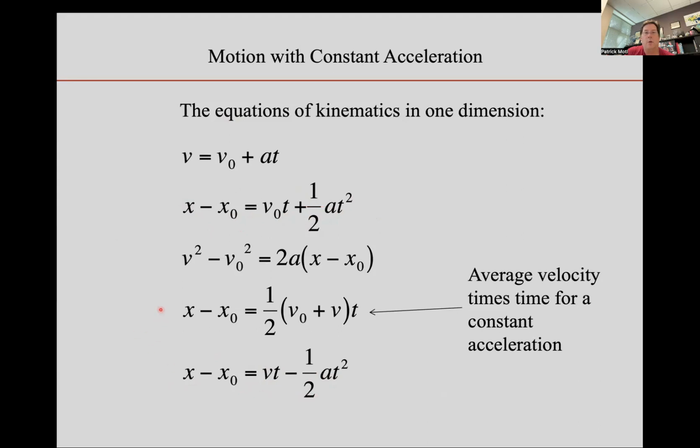We have an equation that is basically arising out of the average velocity. A half of the quantity final plus initial velocity is the average velocity. Because the acceleration is constant, the velocity can change only linearly. And this is basically saying that the displacement is the average velocity times time.